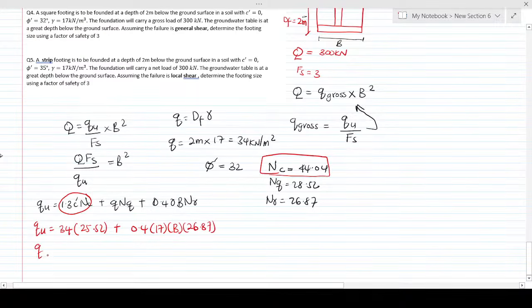So my QU will give me 969.68 plus 182.716 B.